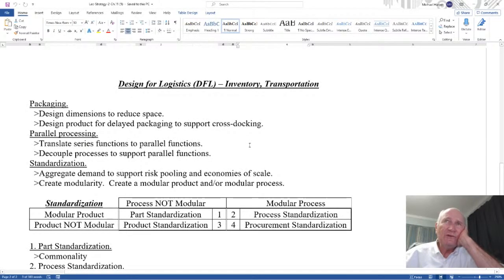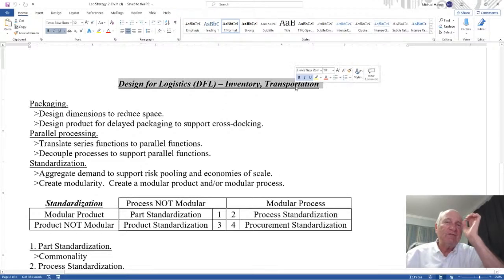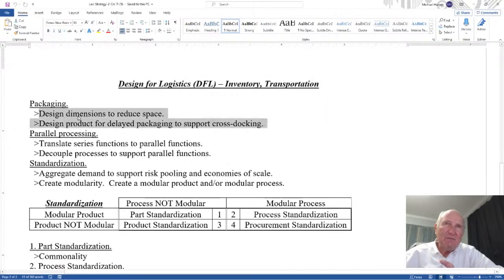Okay, now under design for logistics, DFL, a lot of people are beginning to really focus on this today. The idea here is in packaging, you design dimensions to reduce space. In other words, you make them pack better, or design the dimensions so they can be in a standard square or rectangle or box.